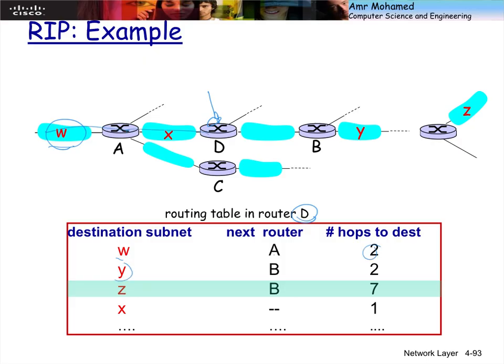Router D can reach destination Y, again through two hops. Router D goes to destination Z through 1, 2, 3, and so on until it reaches Z, it's 7. So these are simply numbers of hops. I don't have to have a cost on each link because by default, it's 1.